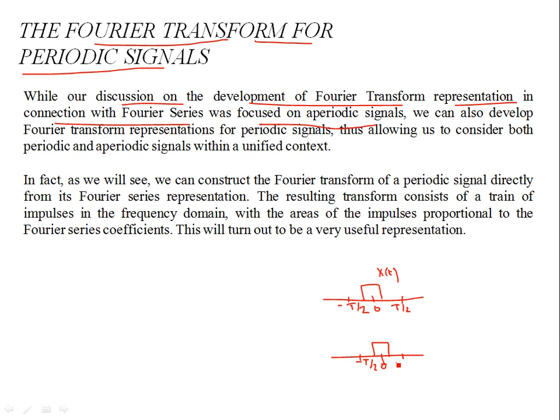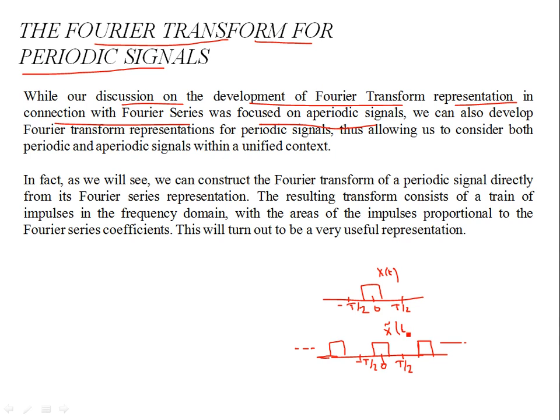This is just a repetition of what we have discussed in the previous videos. If you've not watched, go back to the playlist of signals and systems and have a look at parts 30 and 31 of this lecture series. This x tilde(t) is just a periodic extension of x(t).